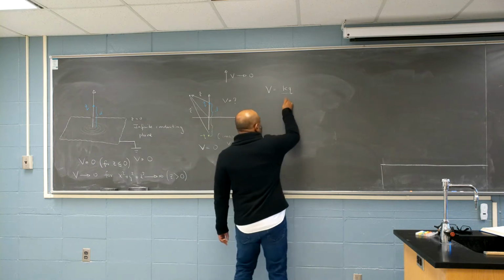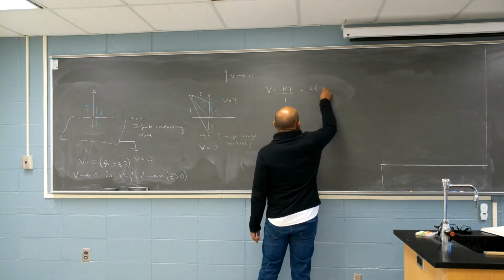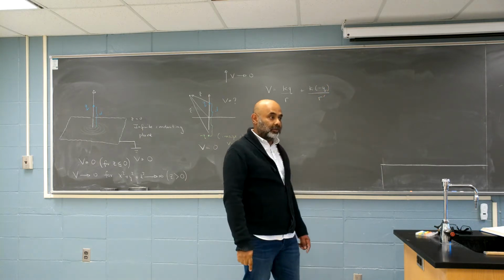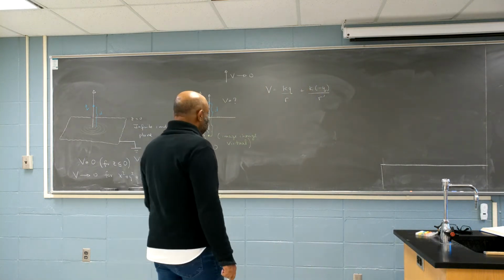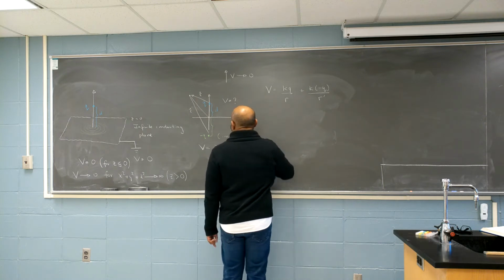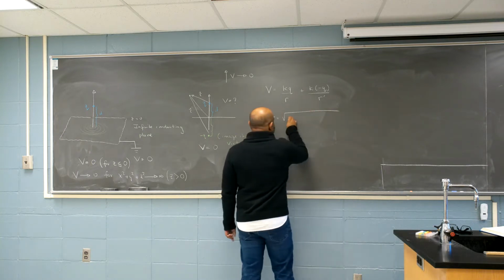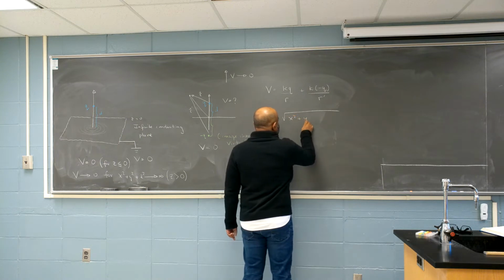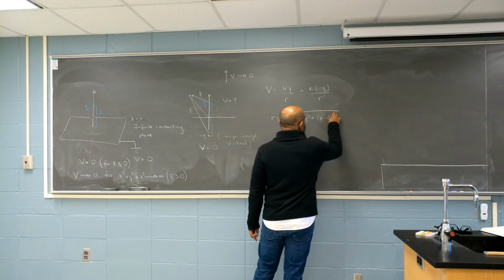I would have kq over R plus k times minus q over R prime, just the magnitude. Let's write that out in xy coordinate system. Well, R equals square root of x squared plus y squared plus z minus d squared.